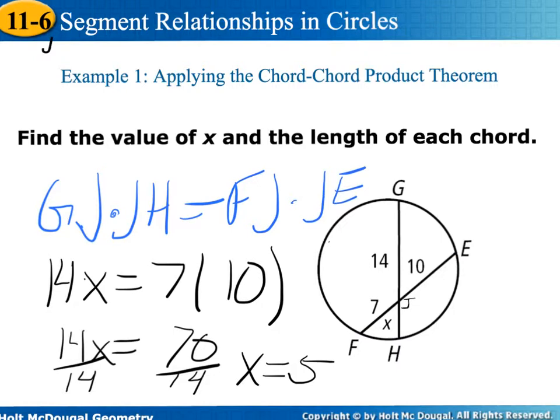All right, so notice what they're asking for. Find the value of x and the length of each chord. So I've done the first part. I found x. Now I just need to go in and say what the chords are. Well, what is a chord? A chord is a line that goes through the circle. So I need to find FE and GH. I don't just need to find all of these. I need to find the whole length. So three answers. x equals 5.